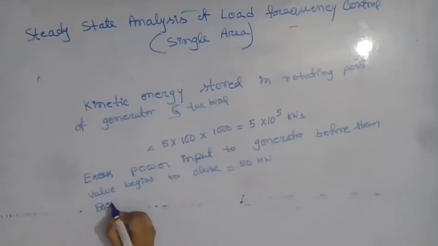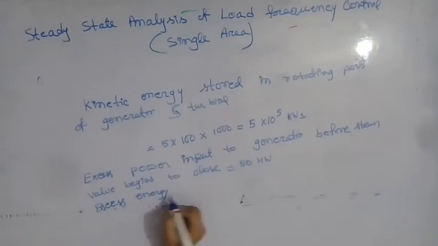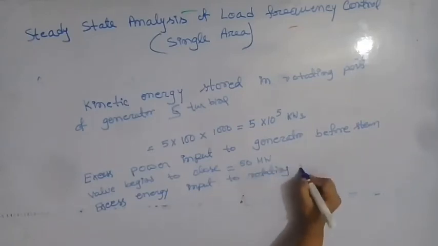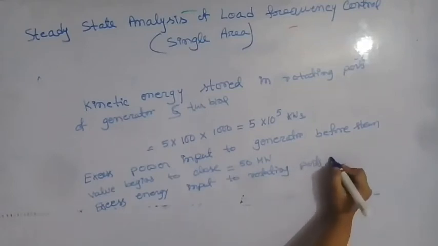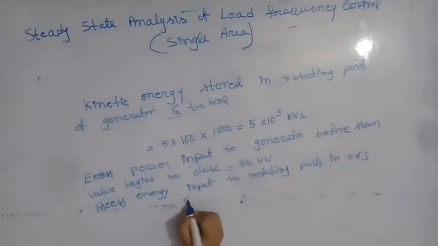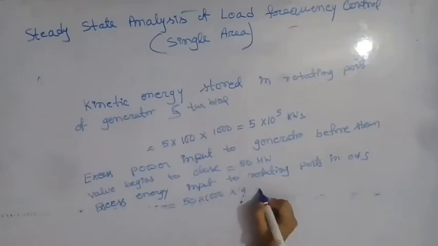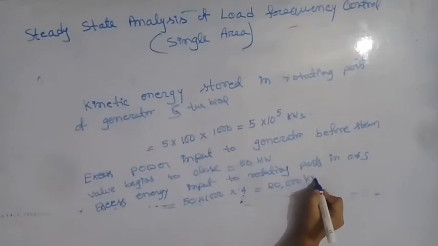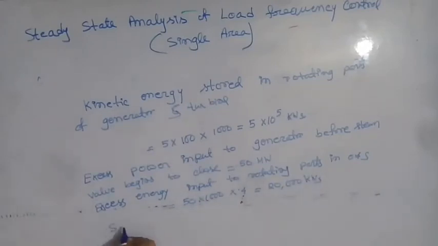Excess energy input to rotating parts in 0.4 second is equal to 50 into 1000 into 0.4, which is equal to 20,000 kilowatt-seconds.